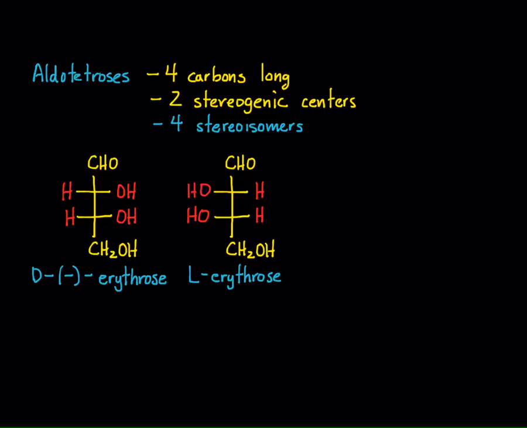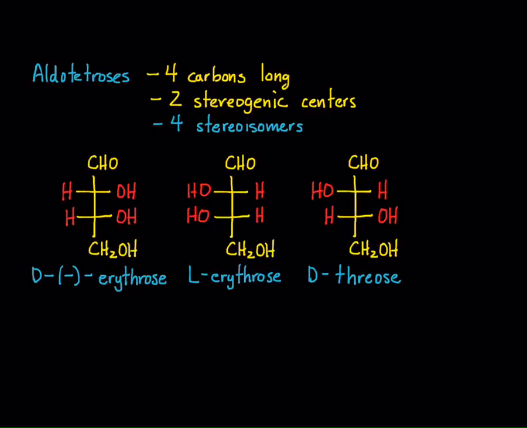And of course, now I can have the 2 OH groups essentially be on opposite sides. So again, I'm going to start with the OH at my configurational carbon on the right-hand side. So I know this is going to be a D designation, right, based on Fischer designation. And of course, the OH at the top is going to be on the left-hand side. This sugar is called threose, D-threose. So we have erythrose and we have threose for the aldotetroses.